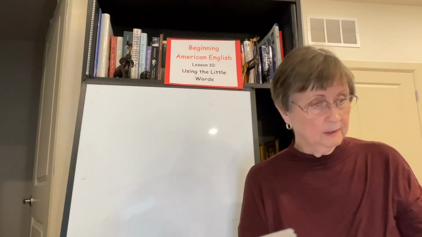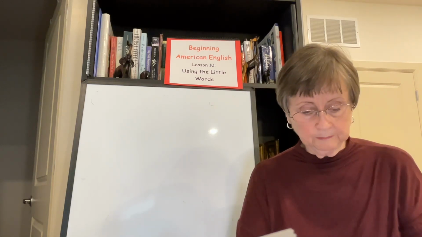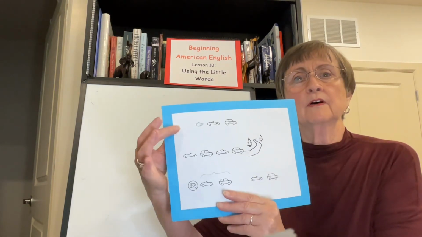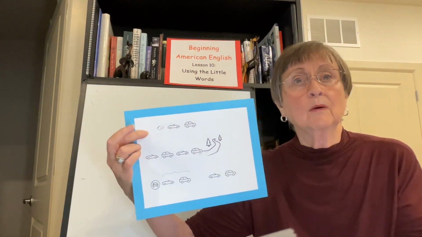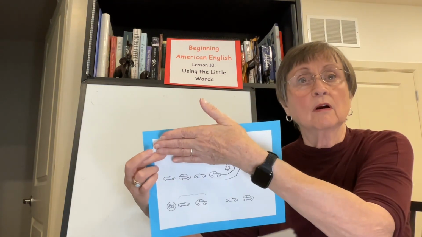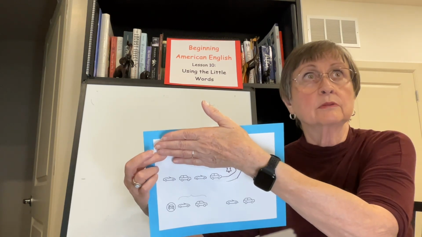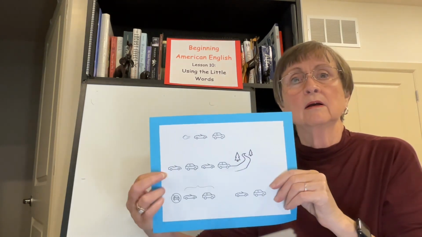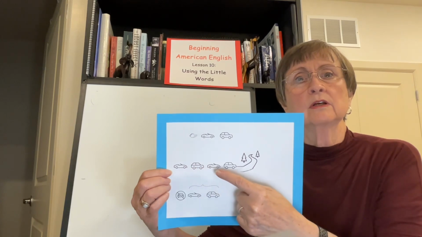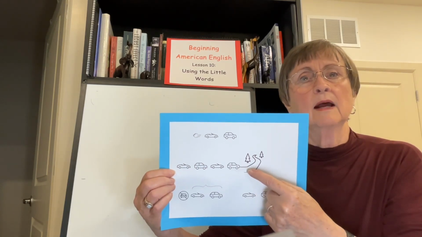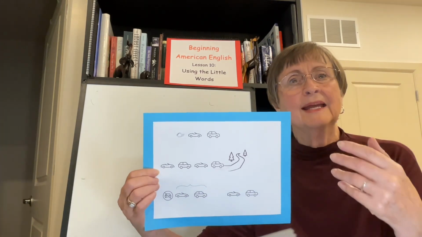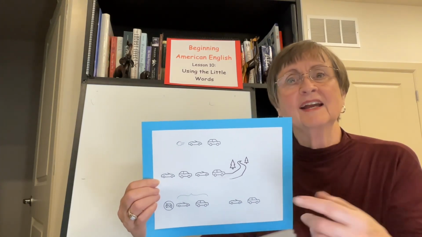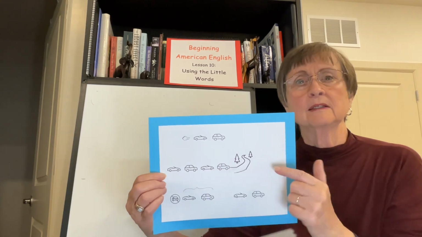Okay, let's see if we can do that just visually. In the first sentence, cars go fast. Doesn't matter what cars. I don't even have to see the cars. I'm just thinking about cars. Now, the cars go slowly down the street. But if I'm looking at the cars and I'm telling you what they're doing, I would say the cars.